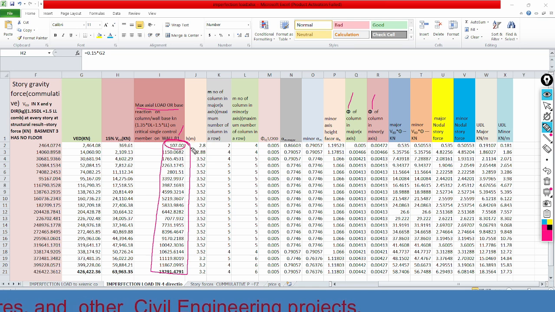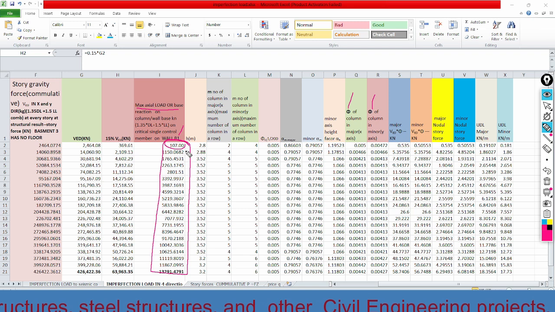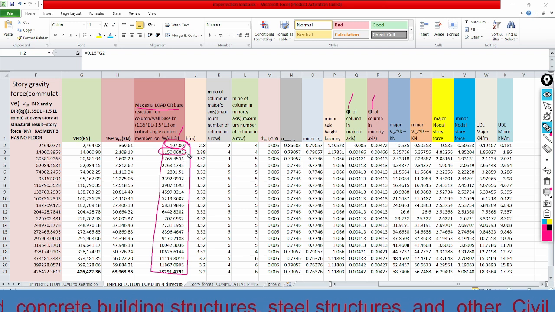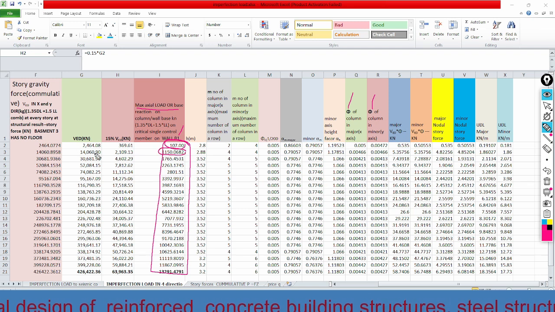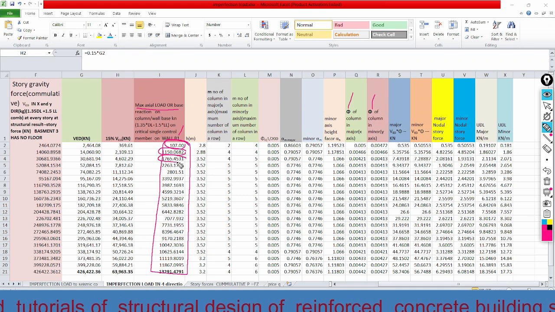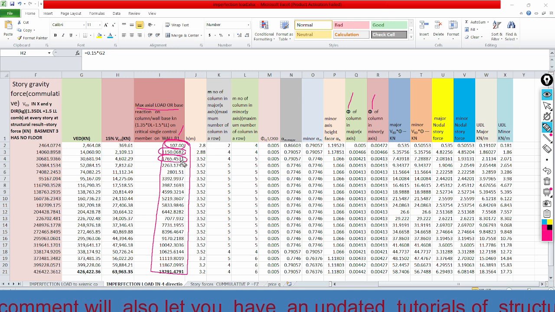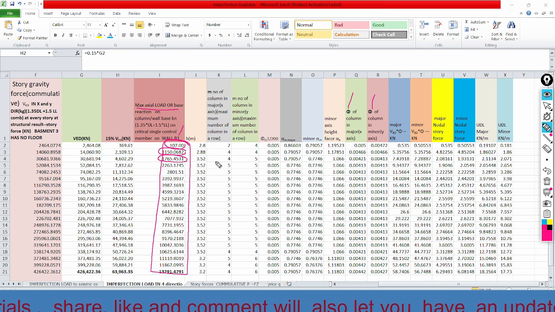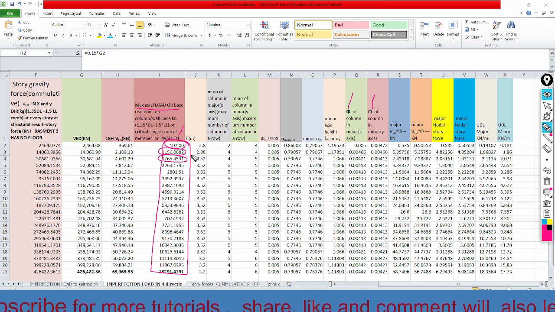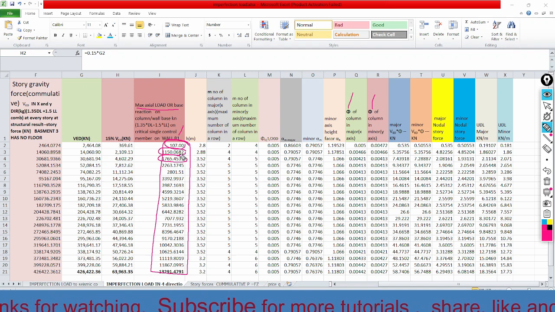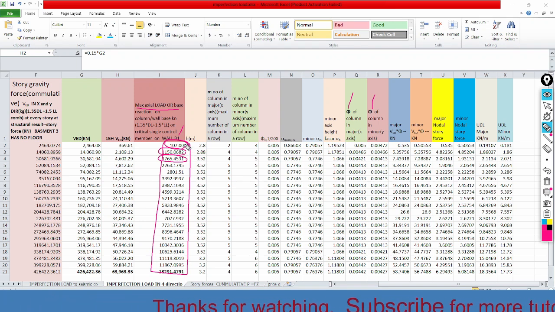This axial load will be applied for the last, 17th story, and this axial load will be applied for columns located at the 16th story, and this axial load will be applied for the calculation of the phi value for the 15th story. Just extracting the axial load for all the columns would be tedious.